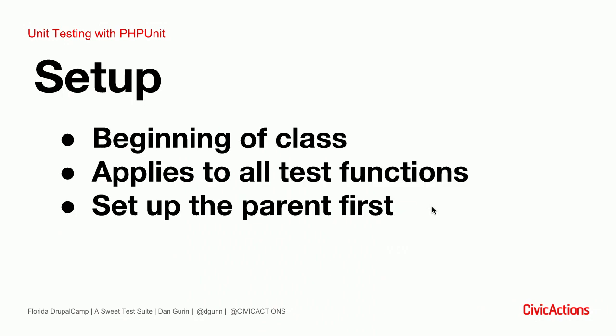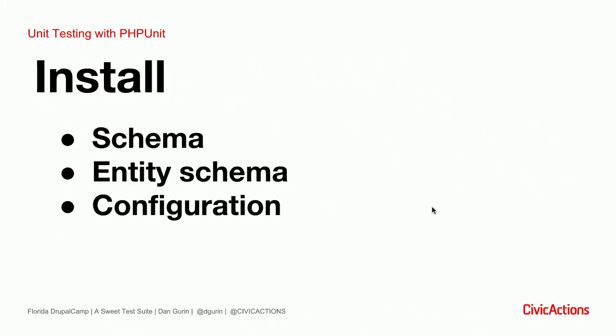So the setup happens at the beginning of the class. You call the parent setup first, so you can inherit any setup that's needed from the parent. And this setup will apply to all of the test functions that follow in that class.